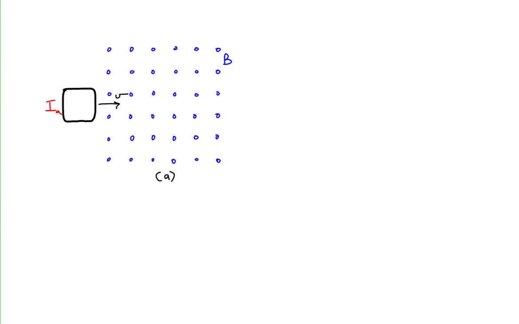With that said, we have to determine how the magnetic flux is changing. Well, in order to look at magnetic flux, let's start off by writing the equation of magnetic flux when we have a magnetic field that is uniform over an area.